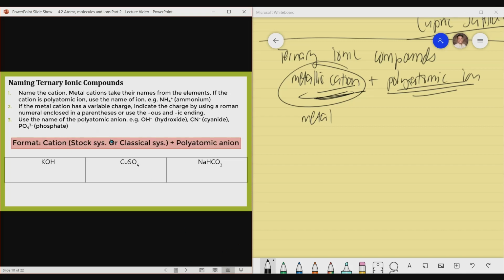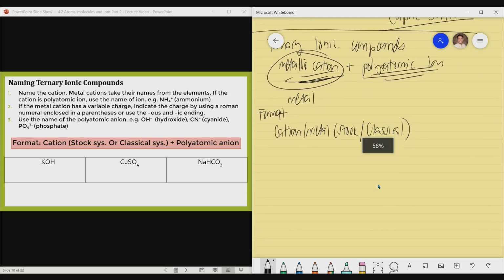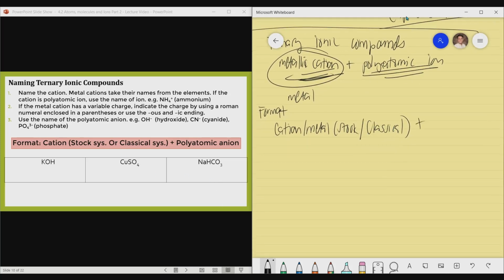You have there your cation or metal. Now, how do you name it? Either stock or classical, kung yung metal ay may variable charges. And then the second component, name lang na po ng polyatomic ion.